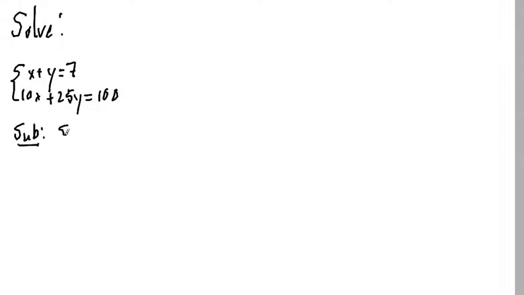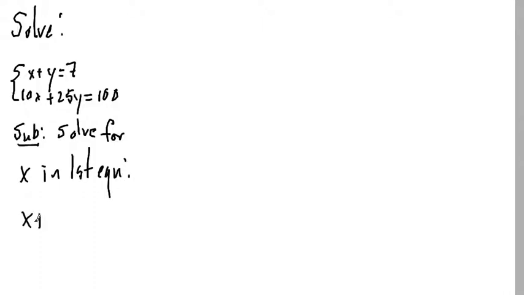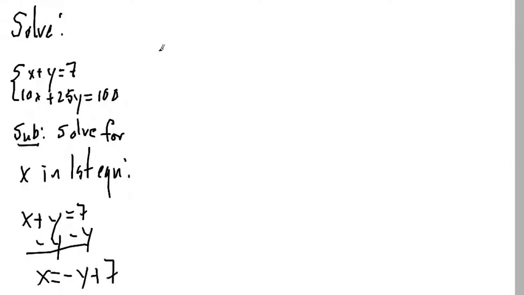And so let's solve this for x in the first equation. So if x plus y is equal to 7, I subtract y from both sides, and that leaves me with x is equal to negative y plus 7.